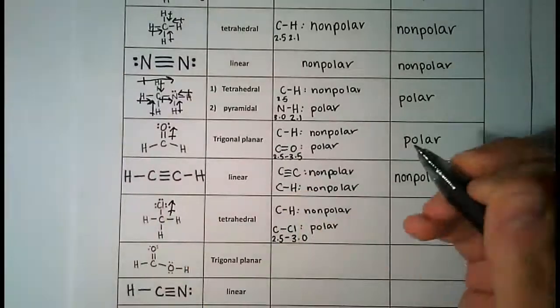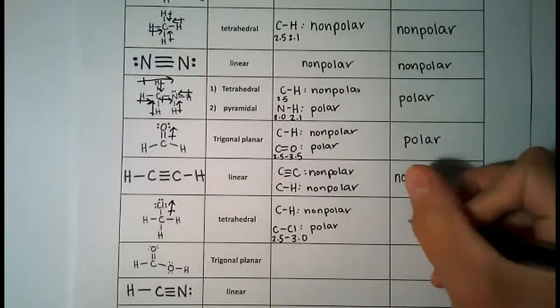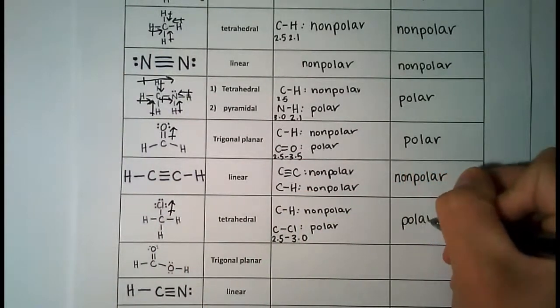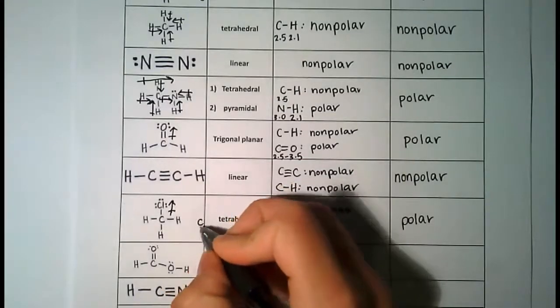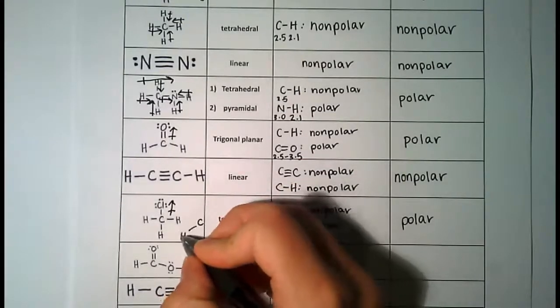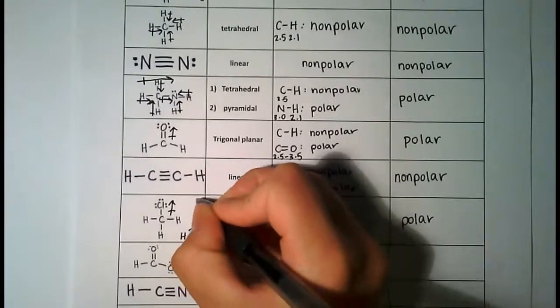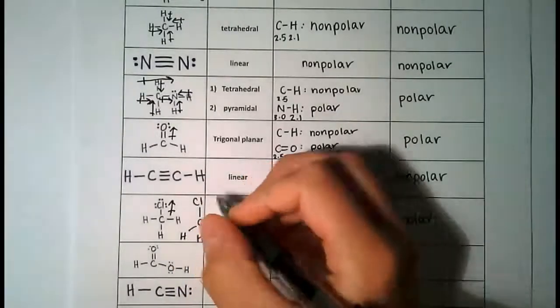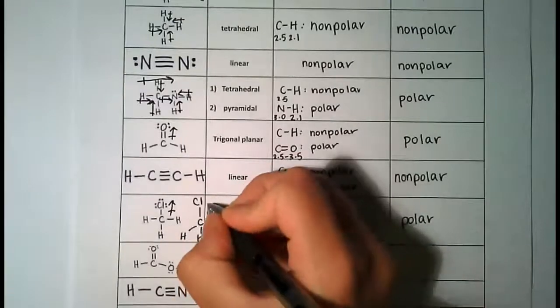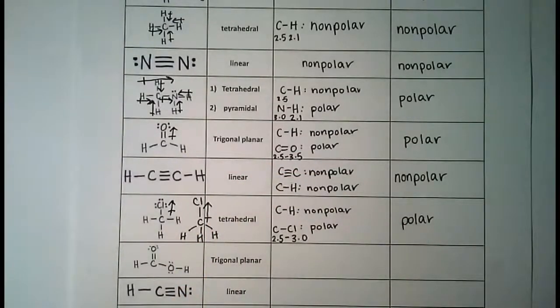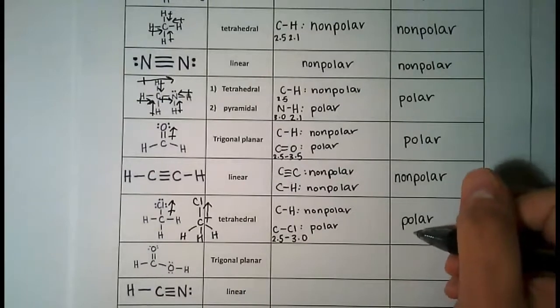So overall, this molecule is polar. And you can see that even better if you draw this with its correct orientation, with all the hydrogens going down in its tetrahedral shape and the chlorine going up. All that electron density is being pulled up towards chlorine, making it polar.